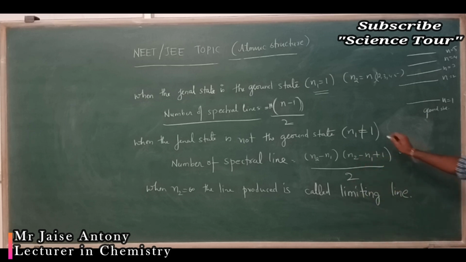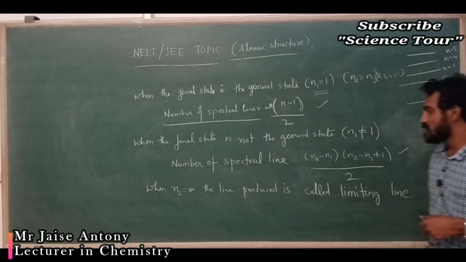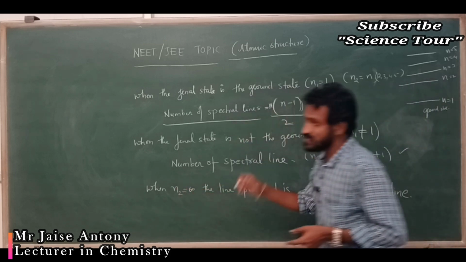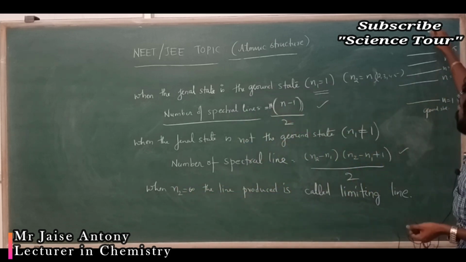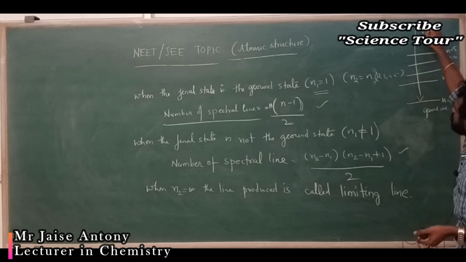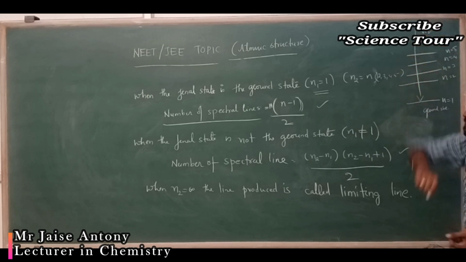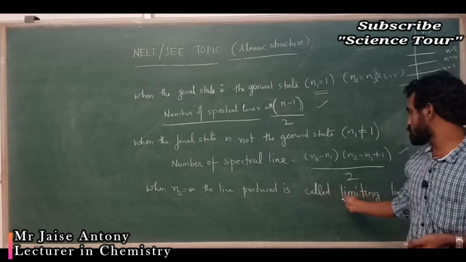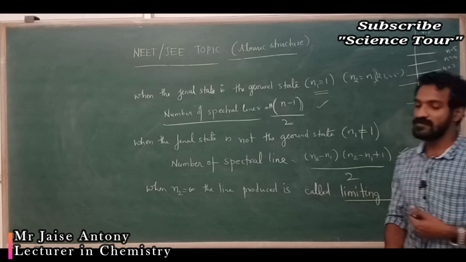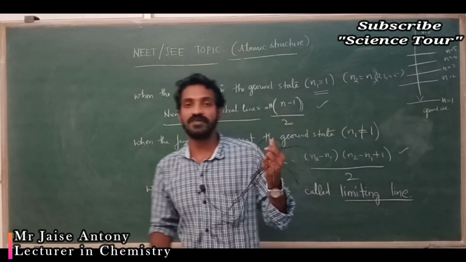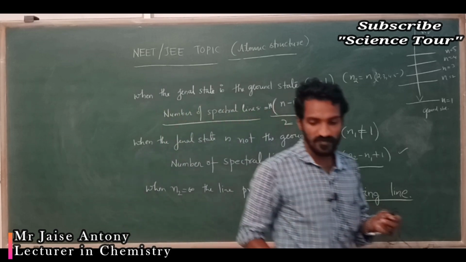Just note down these two formulas, my dear students. Later we will solve problems on this. Understood? At that time you will come to know. If n2 is infinity, means last line, the line produced is called the limiting line. Limiting line. Note down these points, my dear students.